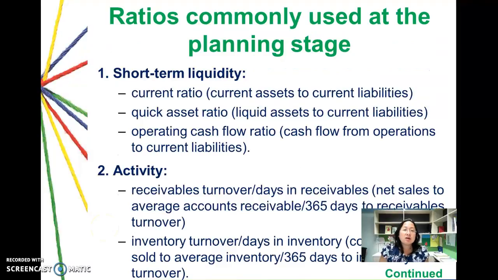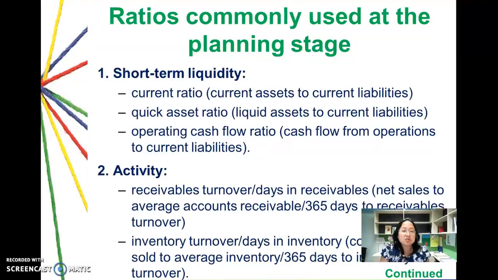Some of the common ratios normally performed by the auditor include, number one, short-term liquidity. The short-term liquidity ratios include three types: current ratio, quick assets ratio, and operating cash flow ratio. Each ratio has its own meaning.